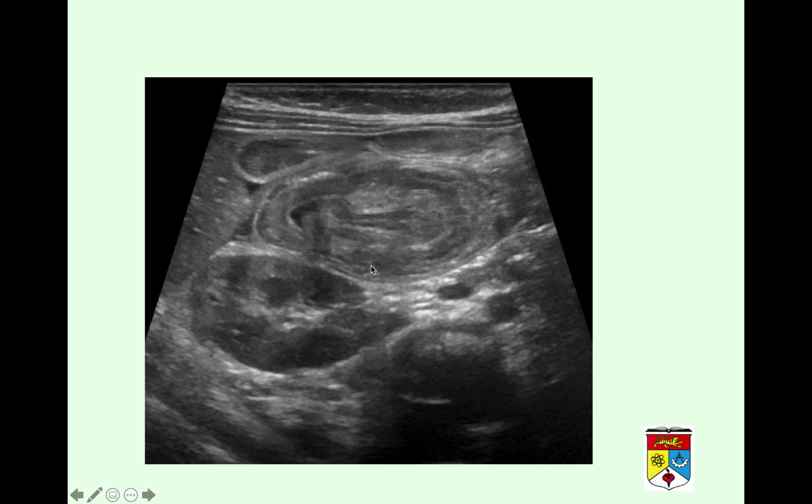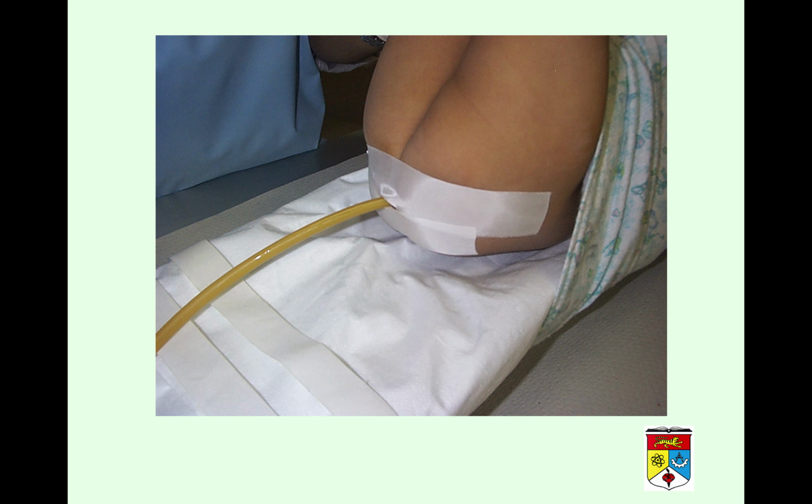Okay, so what we do, we don't have to send the child to OT, the operation theatre, stat, but we will do a manual reduction using imaging first. If it fails, then we send for operation.